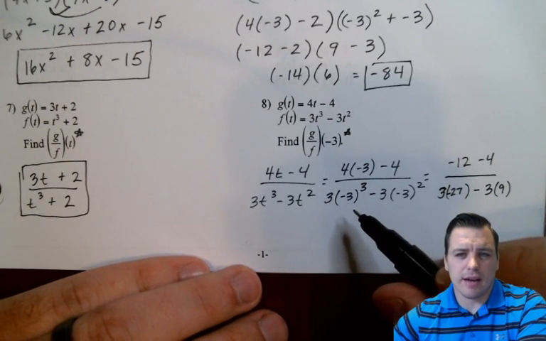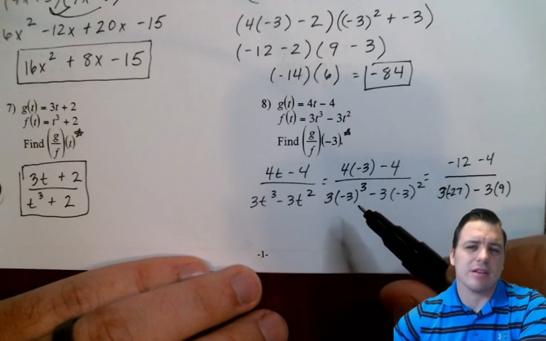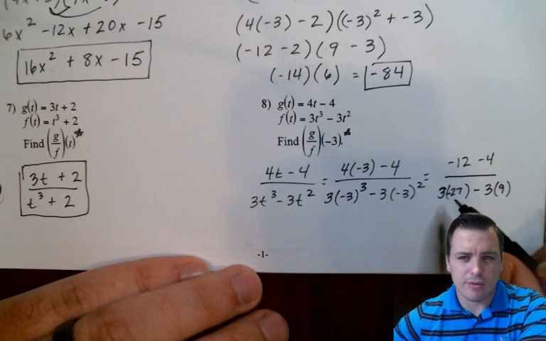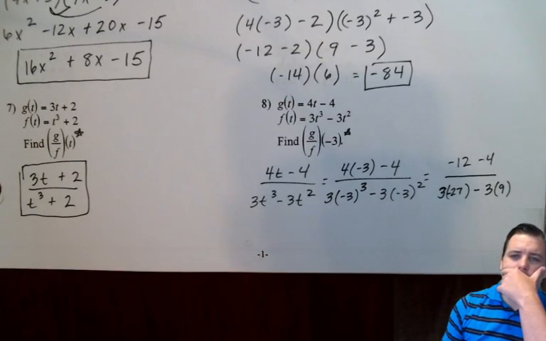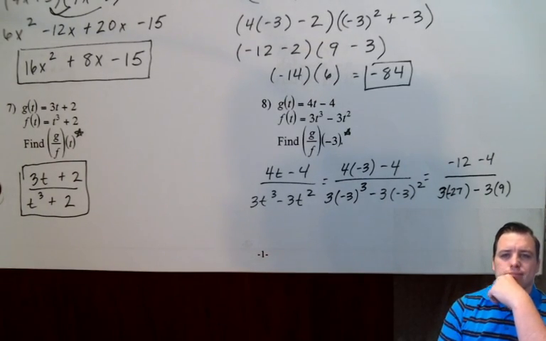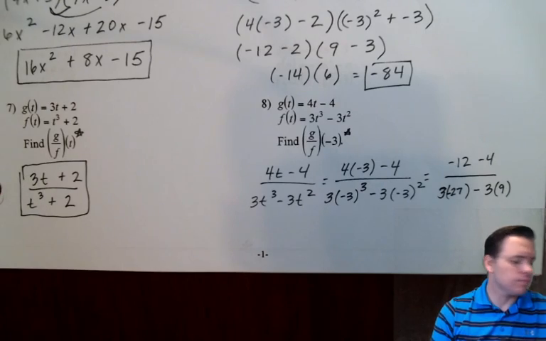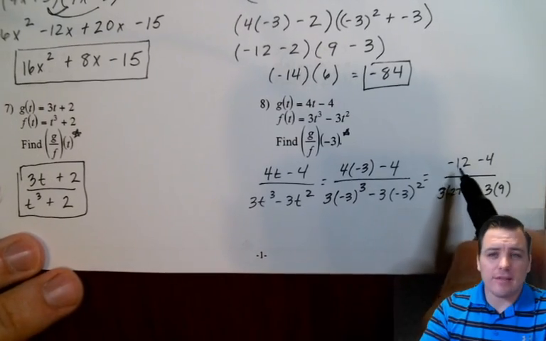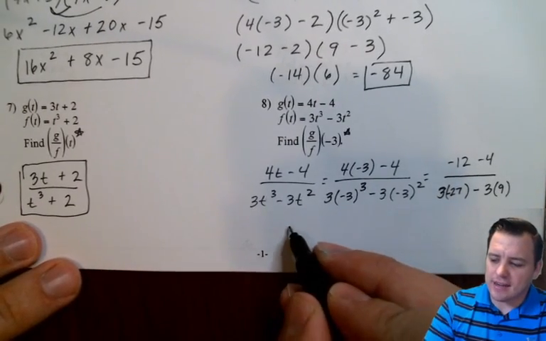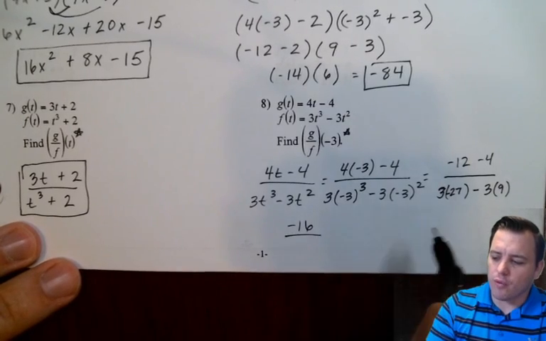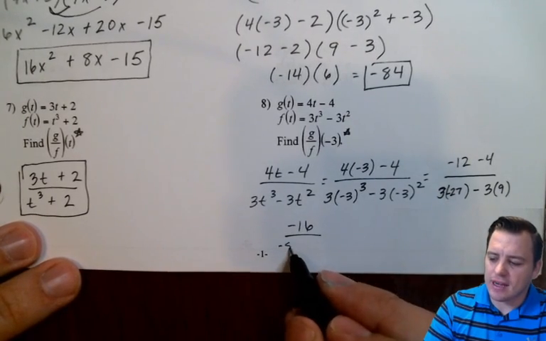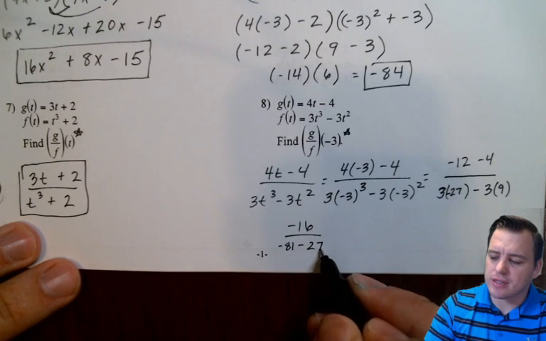But over here, negative 3 times negative 3 is positive 9 times another negative 3 would make it negative 27. Negative 12 minus 4 is negative 16 over, that would be negative 81 minus 27.